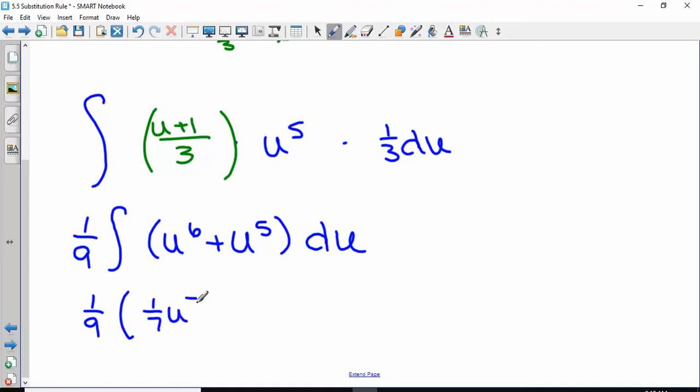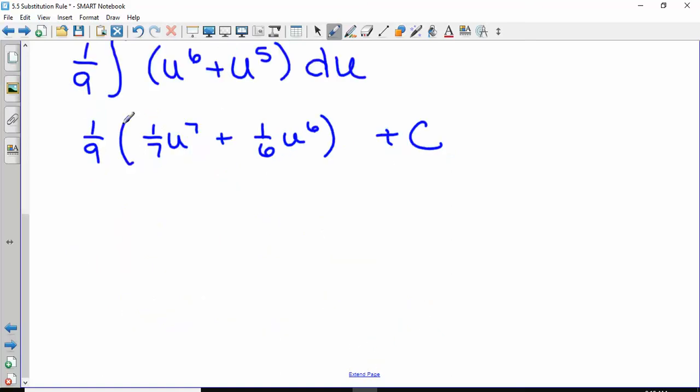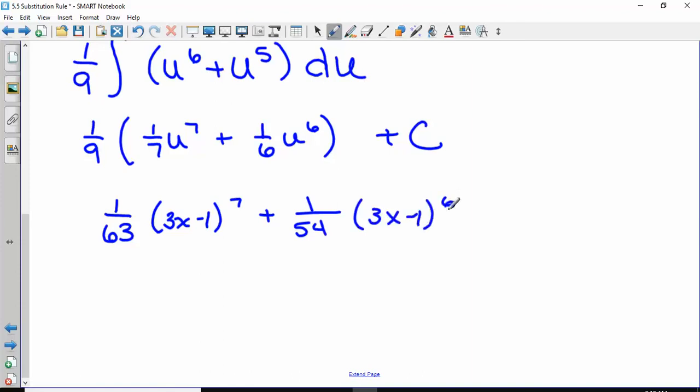Antiderivative of u to the 6th would be 1/7 u to the 7th. Antiderivative of u to the 5th, 1/6 u to the 6th. So that gives me 1 over 63 times u, which was 3x minus 1 to the 7th, plus 1 over 54 times u, 3x minus 1 to the 6th, plus c.